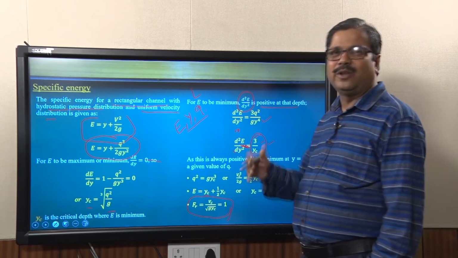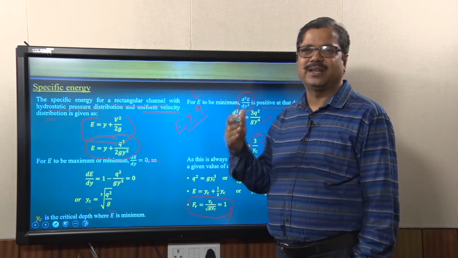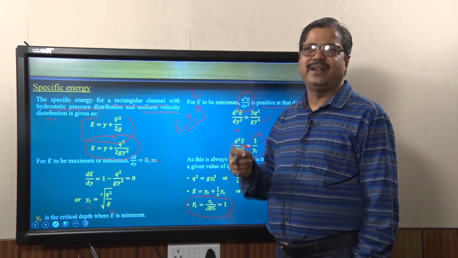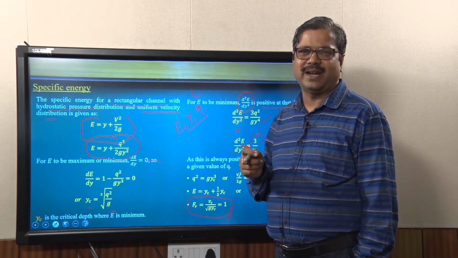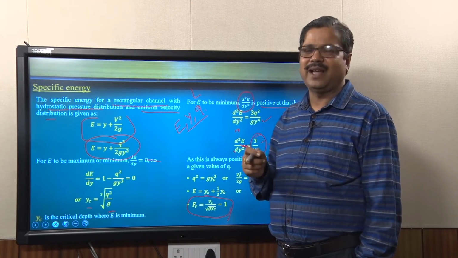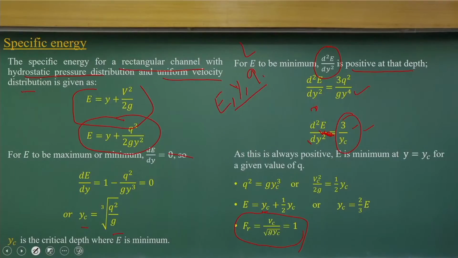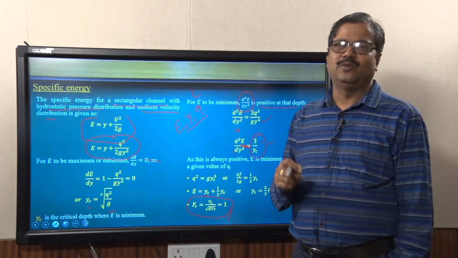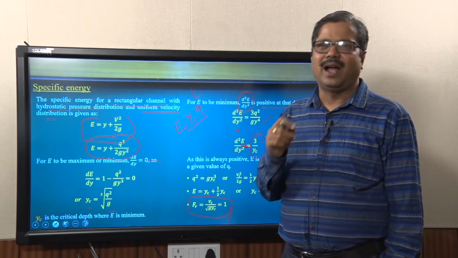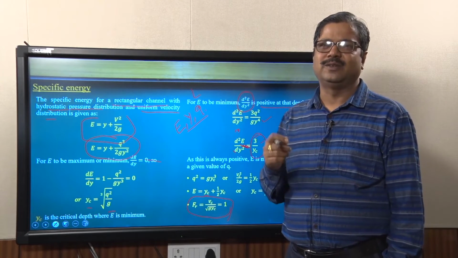When you draw a specific energy curve with respect to y, you will find a point with minimum energy, because E and y have a cubic relationship for a constant Q. So you can arrange it and do the first and second derivatives, and you will get that at the critical flow depth, E equals E minimum and the Froude number is equal to 1.